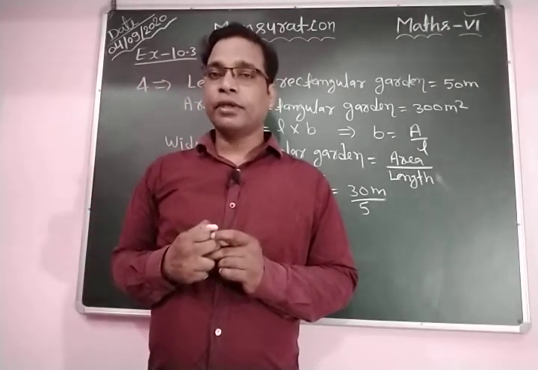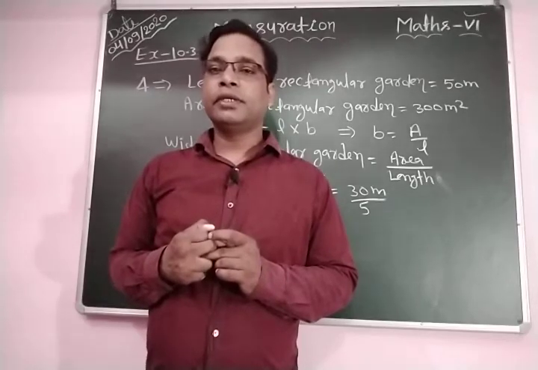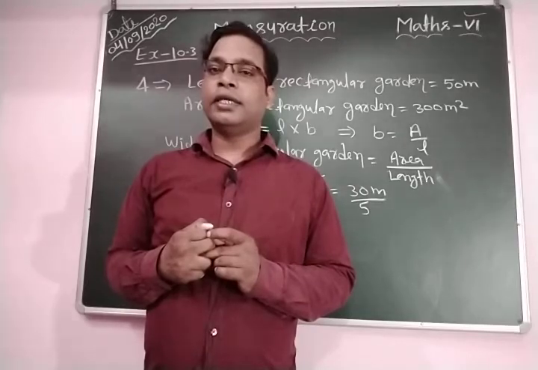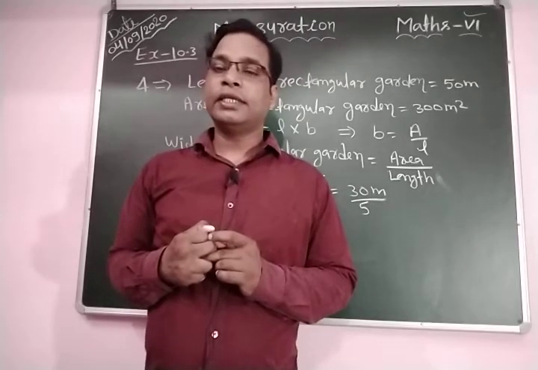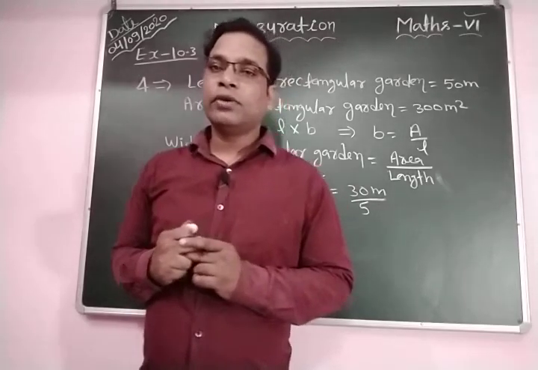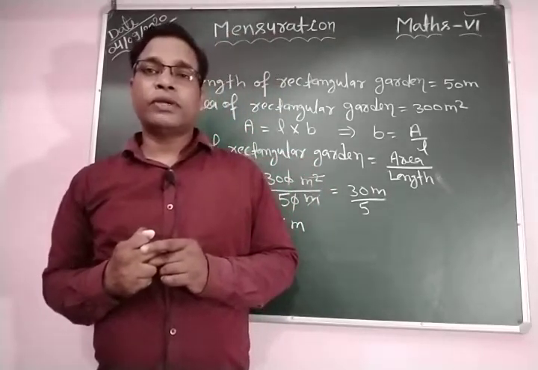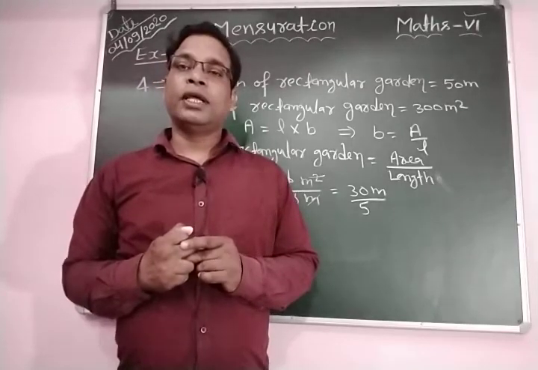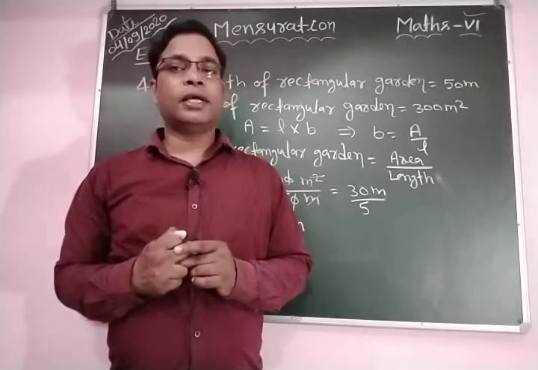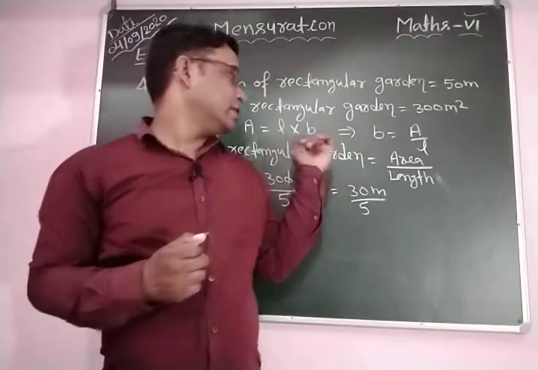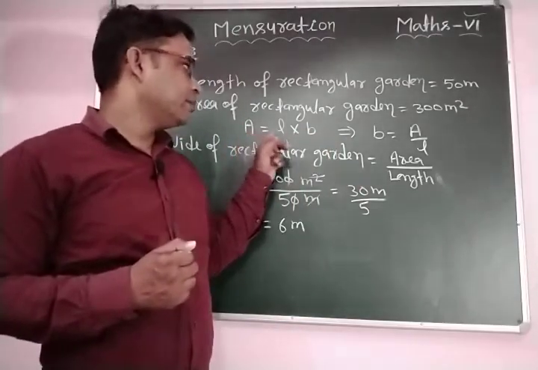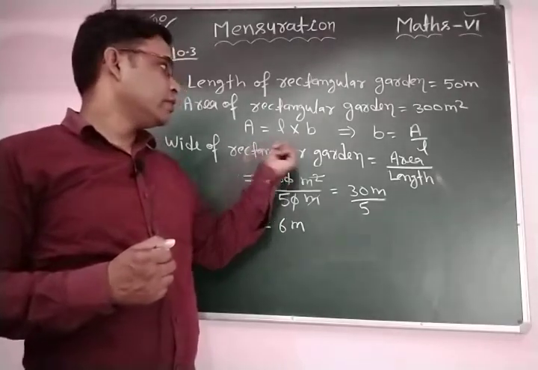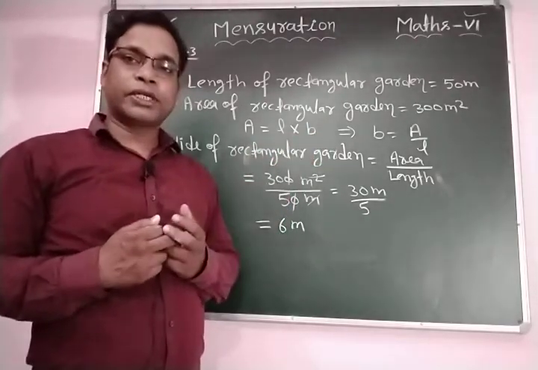But we have the relation between area and length and breadth: the area of a rectangular garden is equal to length into breadth, or you can write the breadth of the rectangular garden is equal to the area divided by the length. So here you can see this is the relation between length, breadth and area. We need to find the breadth of the rectangular garden.